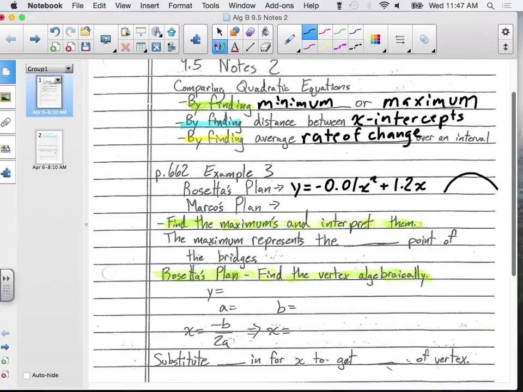It's going to open down, right? Then we have Marco's plan. How's Marco's represented in the book? On a graph. And we know what that one looks like. So there's a picture right there, so that one opens down too.